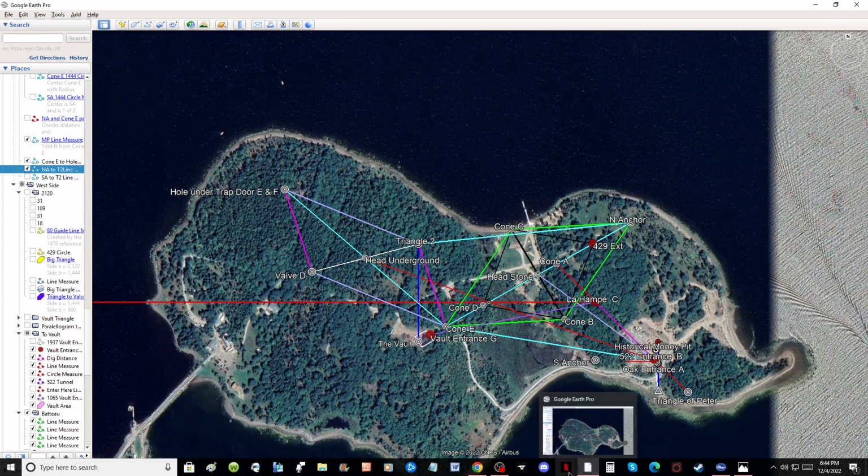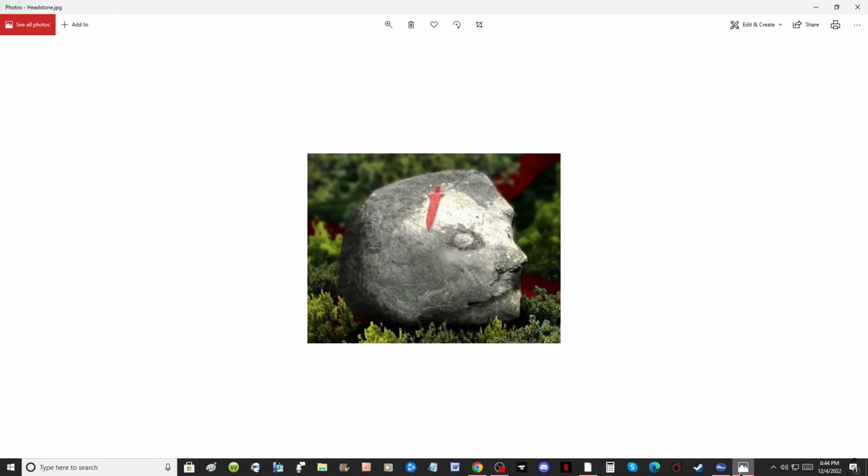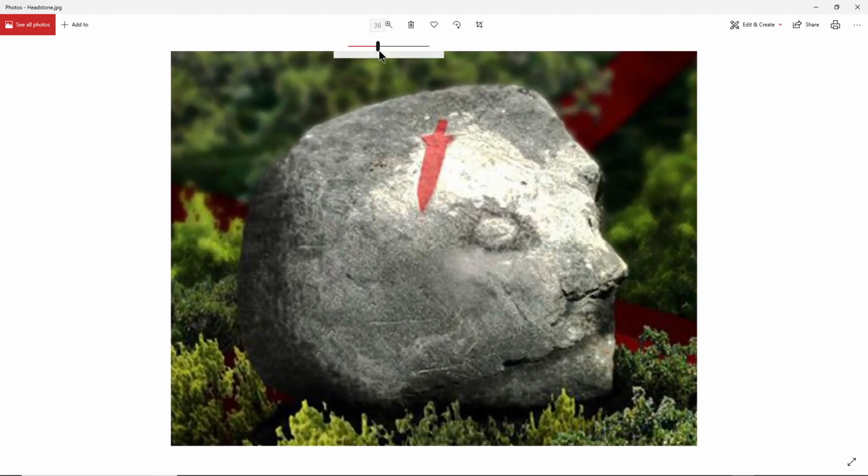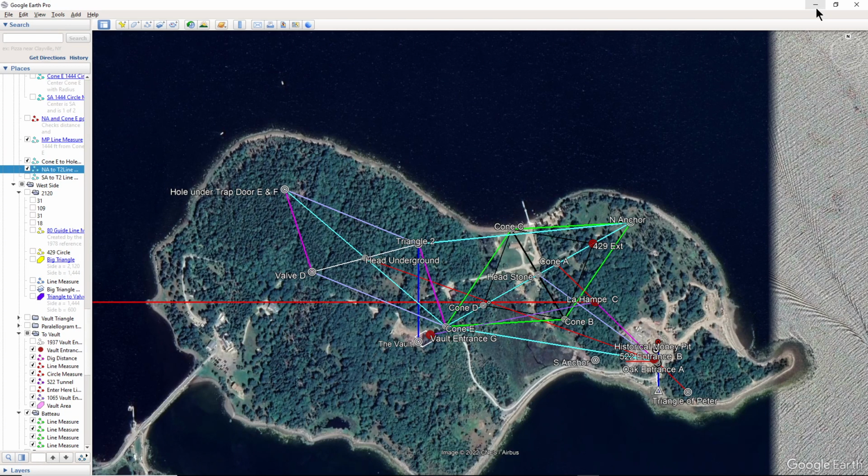One of the other things, here's the picture of the headstone. And it has got this little dagger here that supposedly is engraved in it. And what I see in this is I see the word decapitated or beheaded. That's probably the oldest kind of word that would be associated with this, would be beheaded.